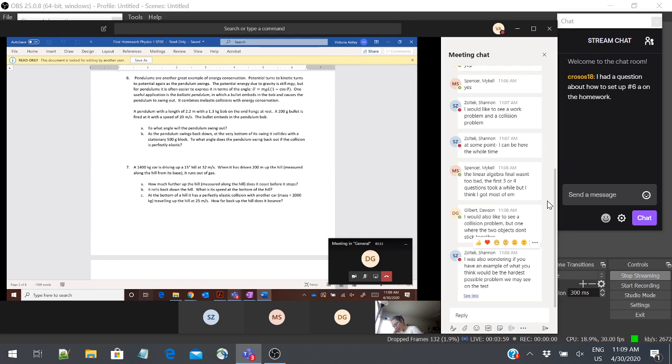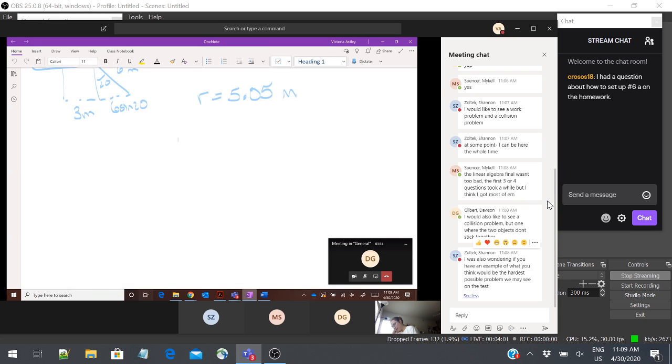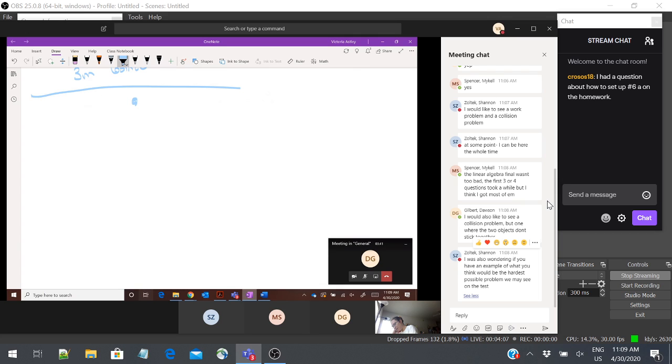So the key here is that you have a pendulum. You have a dot, right? You have some place where it's attached. You have a string, and you have a bob.